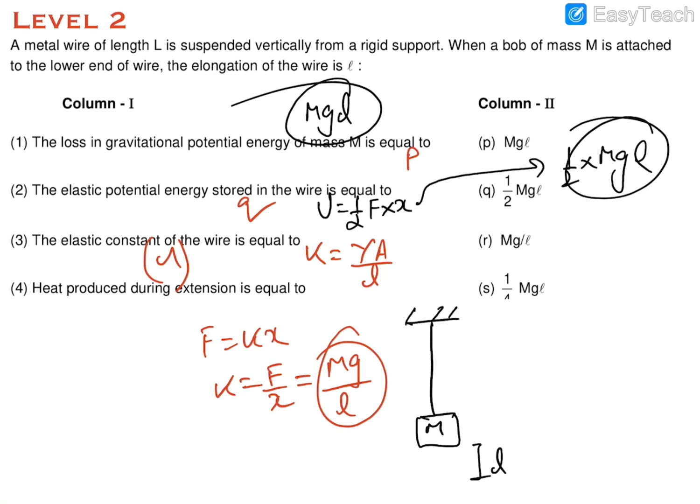So the heat produced will be equal to the energy stored, so it is mgL by 2. So the correct option for option number 4 is also mgL by 2, which is option Q. Thank you.